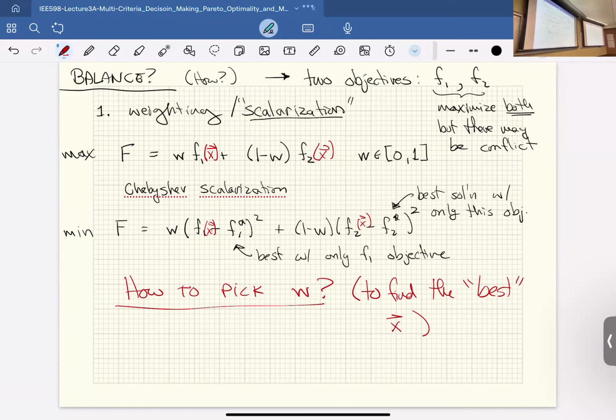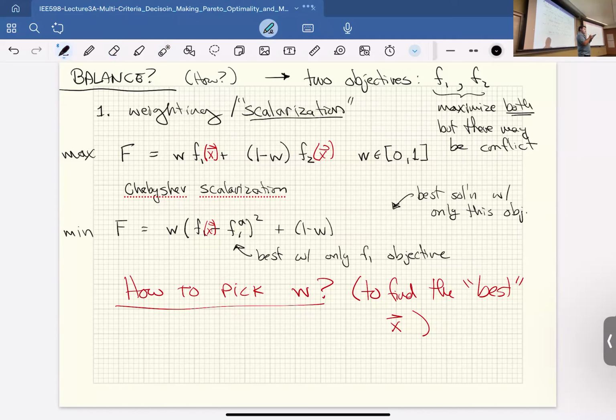And there was a question over here too. This second, this is F2. Let me just rewrite, make it a little clearer. This is the one you're talking about. Yeah.